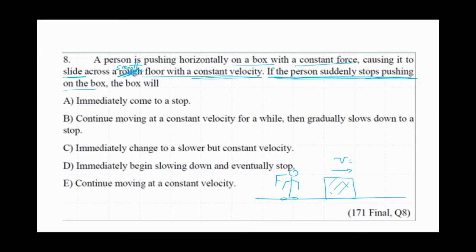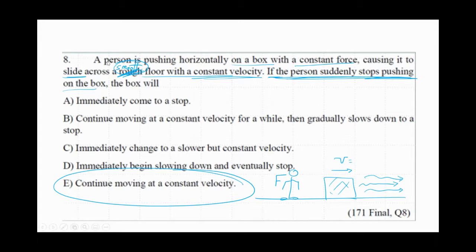Once you leave it, the object continues to move in a straight line with constant velocity forever. That's Newton's first law. So it will continue moving at constant velocity in the case of a smooth surface or a smooth floor, which is not a real case.